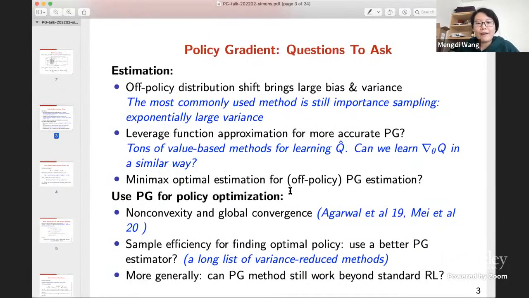Say that we have policy gradient or a very good estimator for it. The next question is, we want to use policy gradient for optimization. The first issue is that policy optimization has a very complicated, highly nonlinear, non-convex landscape.